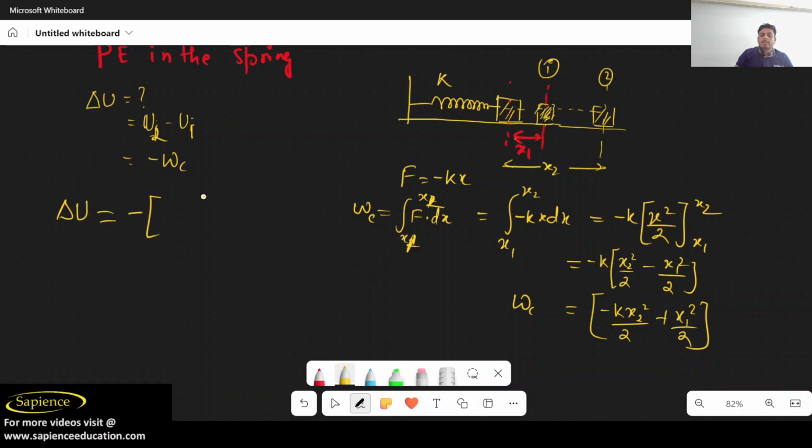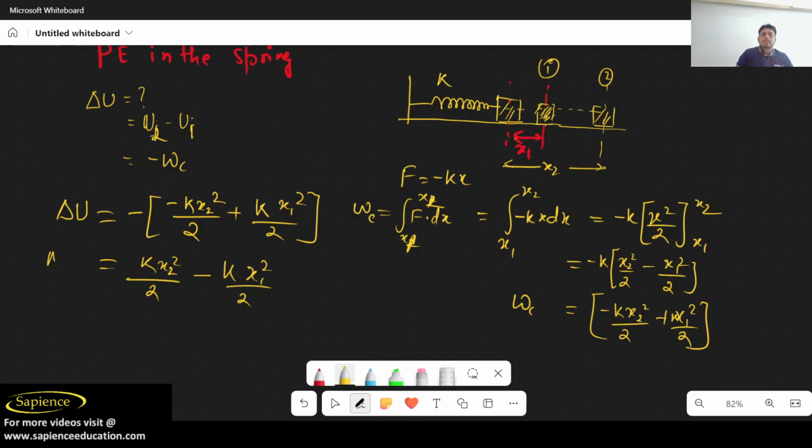So here the work done due to the conservative force is minus k x2 square by 2 plus k x1 square by 2. Taking the negative, we get k x2 square by 2 minus k x1 square by 2. So this is the change in potential energy.